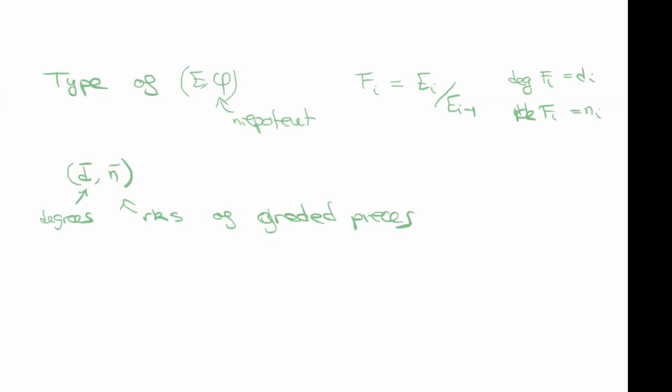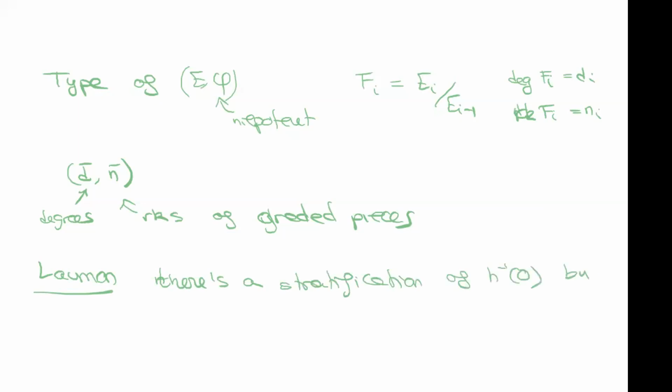So for example, Laumon proved that the type stratifies the nilpotent cone by types.